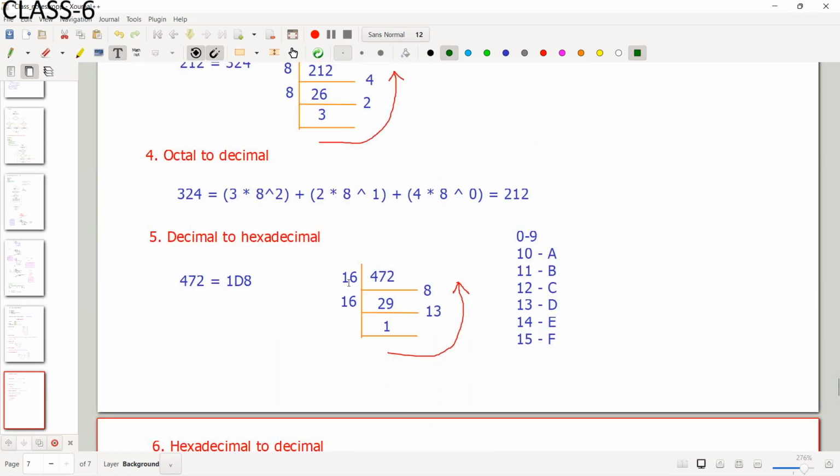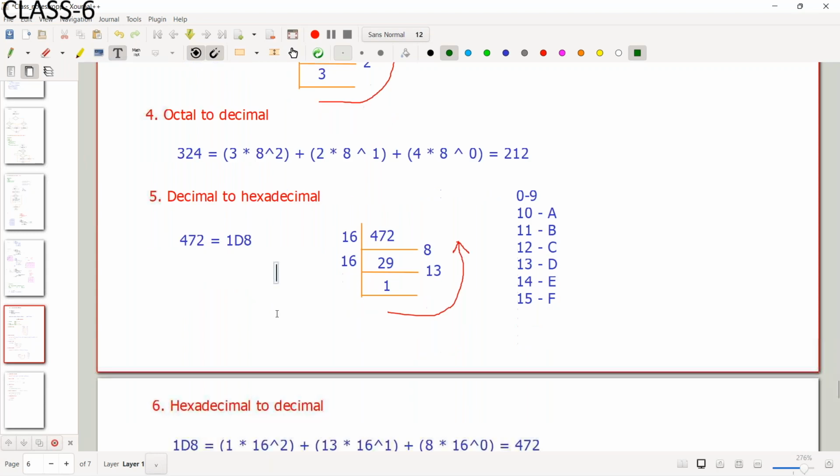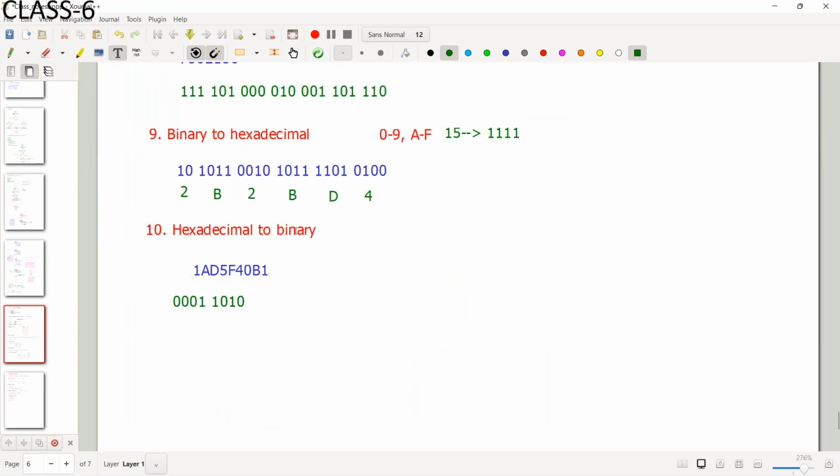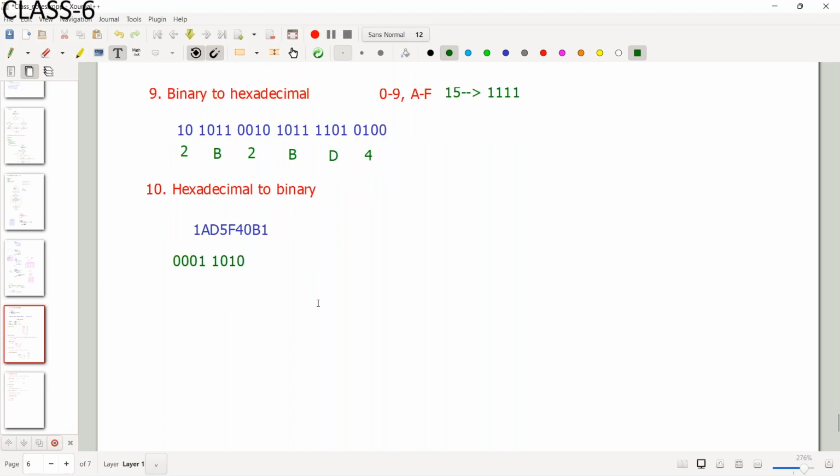Then dividing by the base comes from the decimal, from decimal to another number system. That number system's base will be considered for division. And here that is the hexadecimal and binary, so there is no multiplication, division and all. It is representation in the particular number of bits. Okay, we will continue with this.